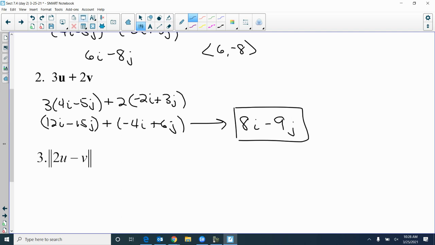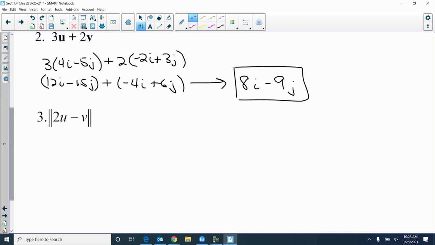All right, now that third one there, they want the magnitude of 2u minus v. Go ahead and see what you get. Find 2u minus v first, then find the magnitude.